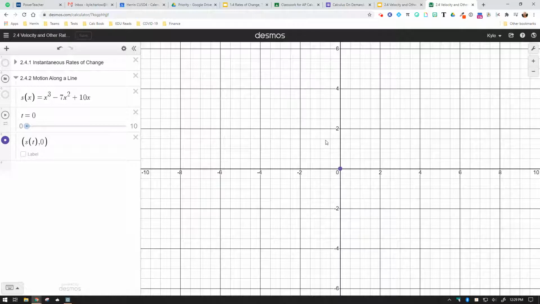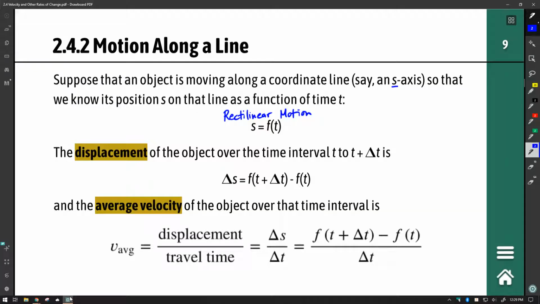I've given the value of this point right now, well, it's 0, 0, but it will move to wherever the S function tells it to move, but stay on the x-axis. So we can watch that purple dot move back and forth along a line, and it's that S-axis in this case. And you can see it actually changes position a couple of times. This is called rectilinear motion. So back to the notes.